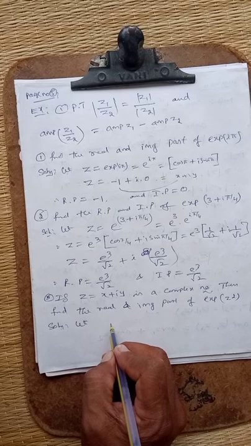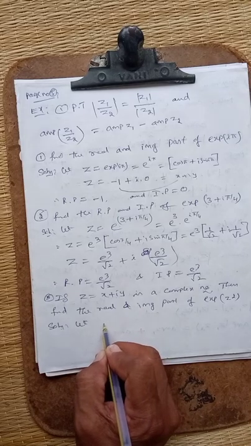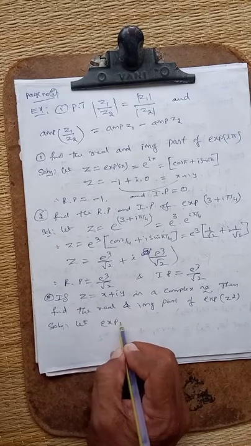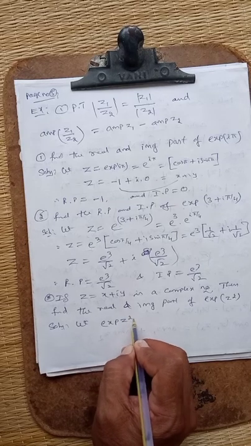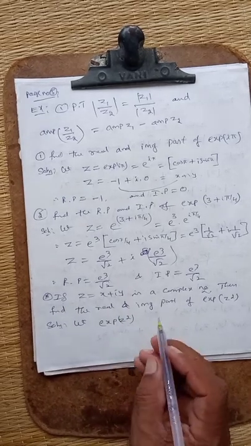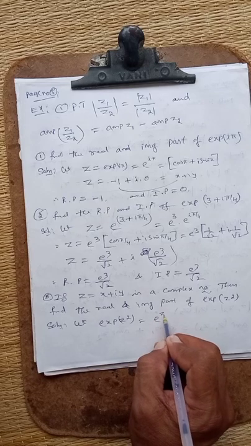Solution. Let us consider exponential of z square. So this is the same as e to the power of z square.